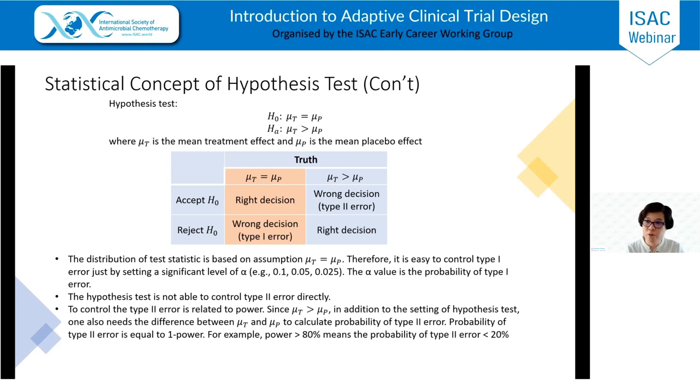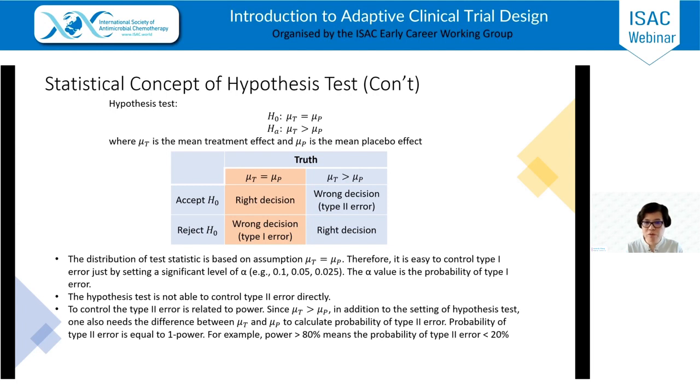One side you use 0.025. Usually that's the alpha. So based on this setting, we can control type 1 error. Okay, it's kind of easy. We just set up our significance level of the alpha.